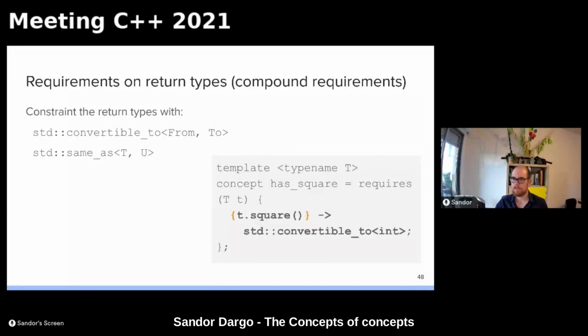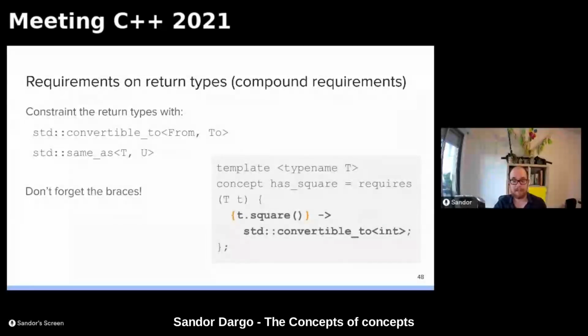you put the function call, and then after an arrow, you put your constraint return type.